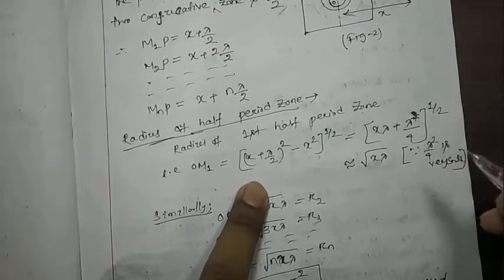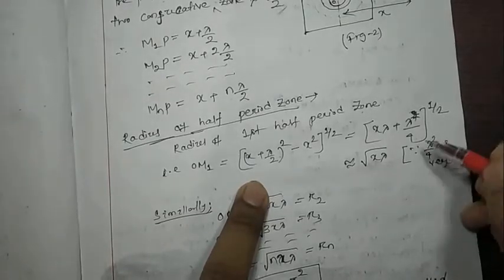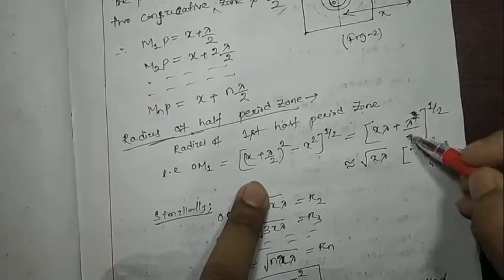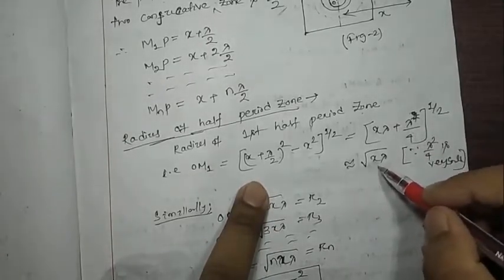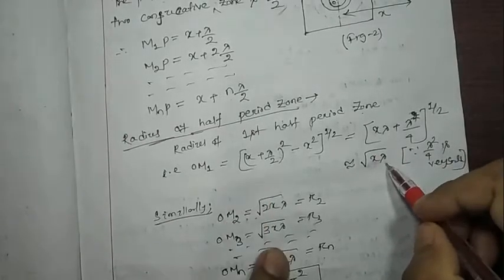Here lambda square by 4 is very small because lambda is very small, so we do not consider this term, and we get the square root of x lambda.